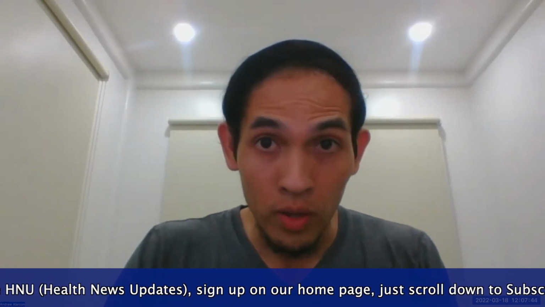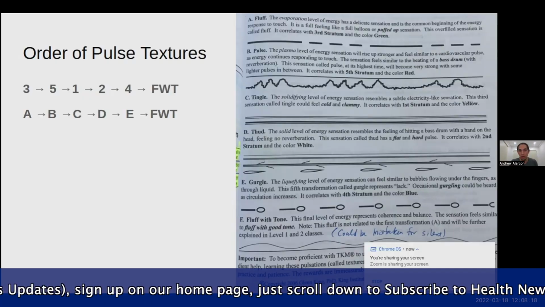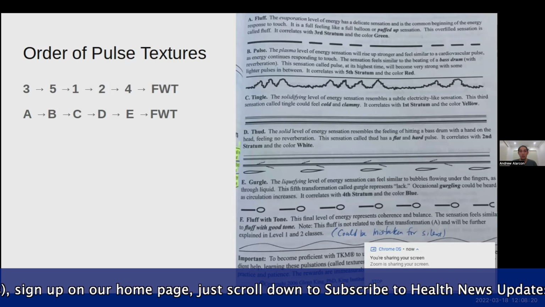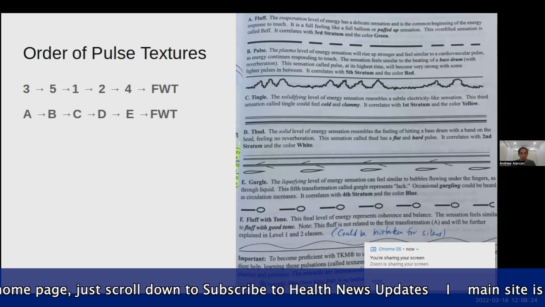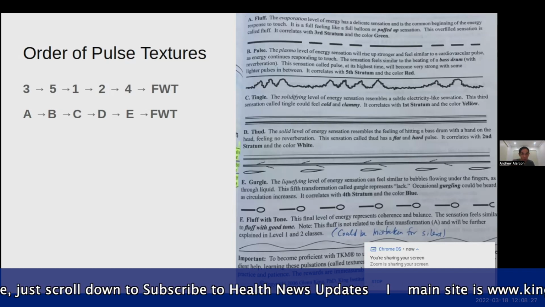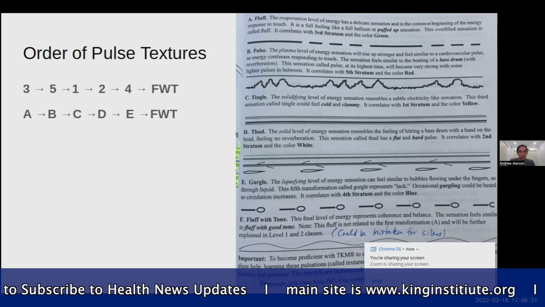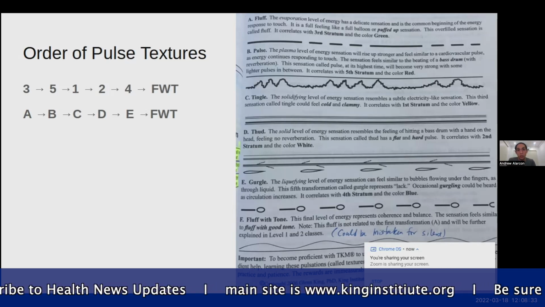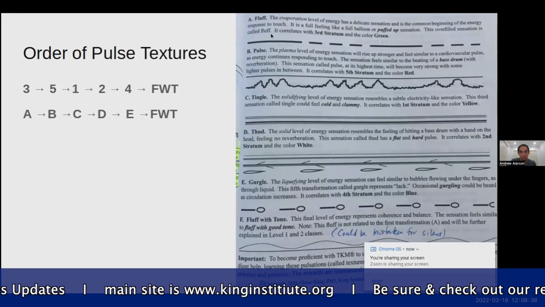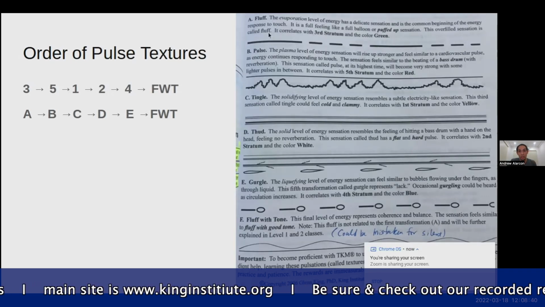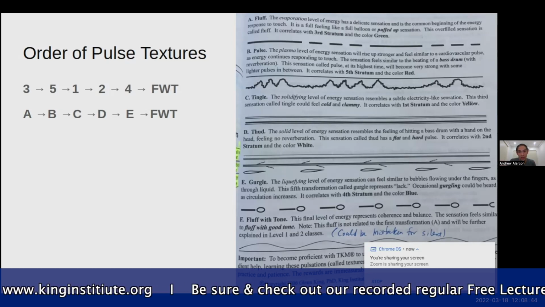Okay, so anyway, let's move on. If you have a TKM textbook, your level 1 and 2 textbook, we know that there's a section in there that talks about the pulses. And so here are the different textures. Letter A used to be called fluff, if you look at the top part of the image, but Dr. King has changed it to puff because it's a puffed up sensation, and that's third stratum.